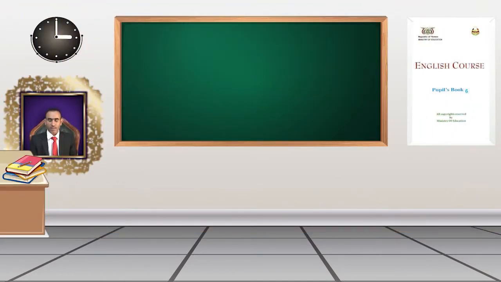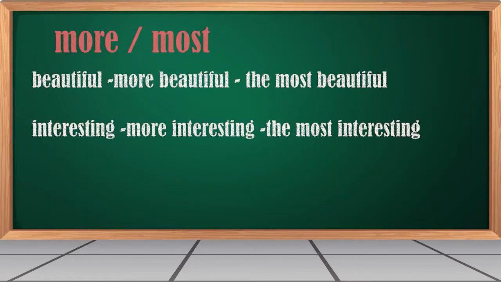Adjectives with more than 2 syllables, add more or most to them, as in beautiful, 3 syllables, more beautiful, the most beautiful. Interesting, 4 syllables, more interesting, the most interesting.